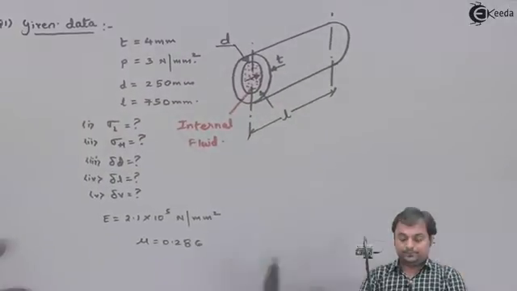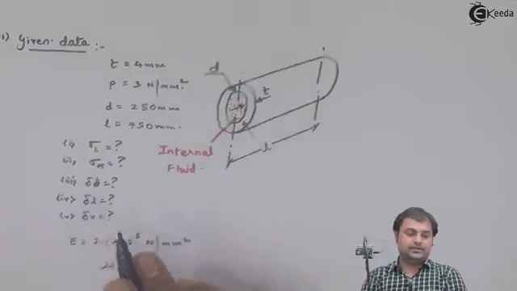Next, the question in this problem is to find the change in diameter. For change in diameter, we calculate hoop strain.